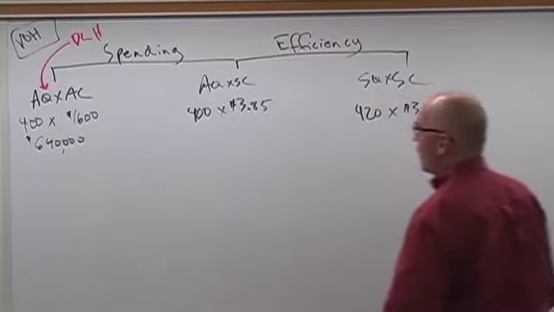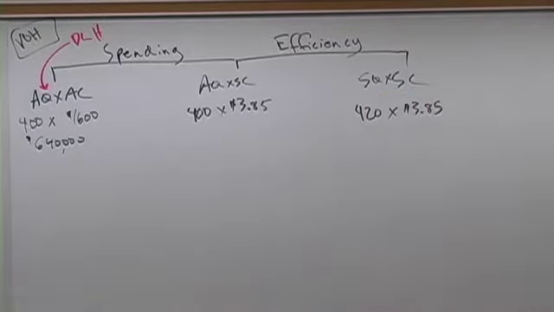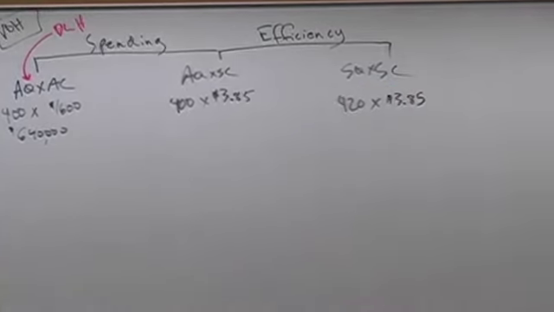Now, tell me, which one of these does not look like the others? Which number on the board does not look like the others? Which is the first one? The actual cost. What is that $1,600 really? Victoria? The total is exactly right.